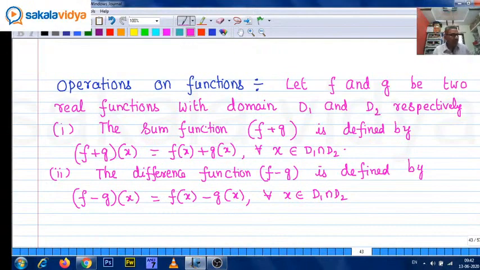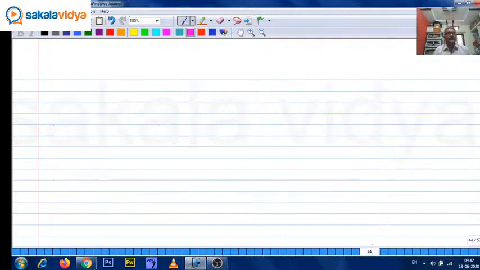Right. Second, let us discuss. Third one is the product function. That means two functions can be multiplied.